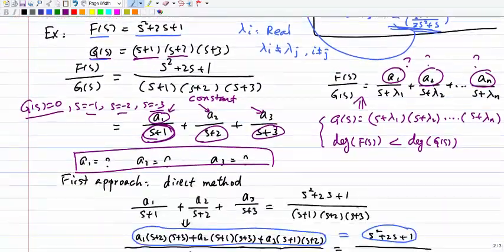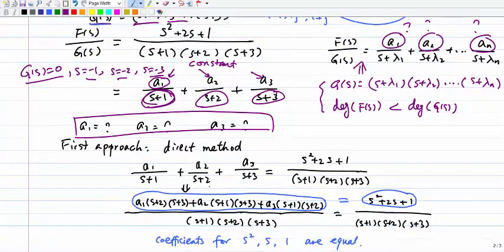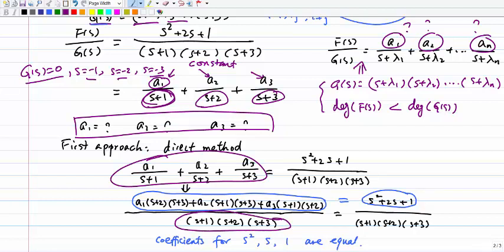So in the first approach, I just write this form out and try to figure out the common denominator, which is the same as the denominator of the original one, and I put together all the numerators. You should have something like this: a coefficient for s squared, plus a coefficient for s, plus a constant.